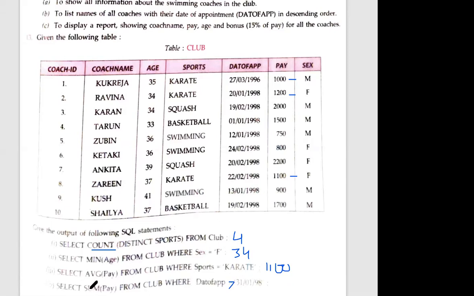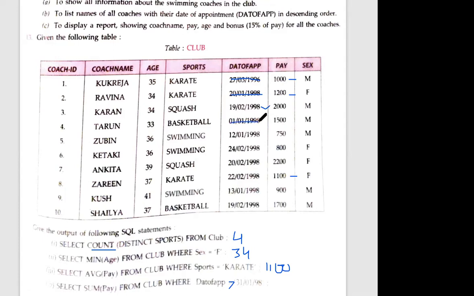It is going to add those pays. What we have to understand is, this one is 31 January 1998, so you will ignore this. This is also less than 31st January, so ignore this also. This one you have to consider.